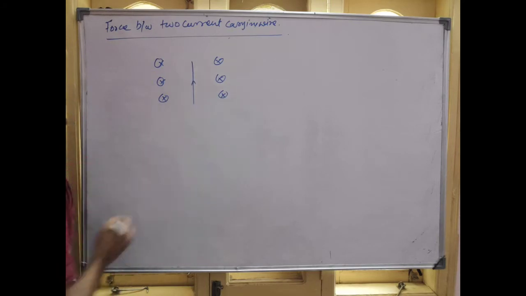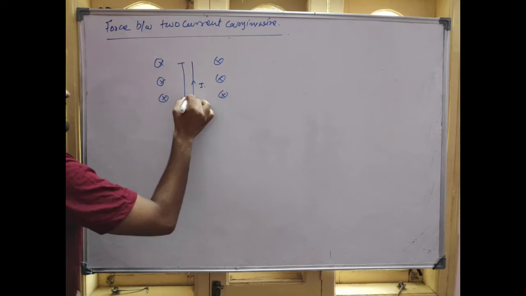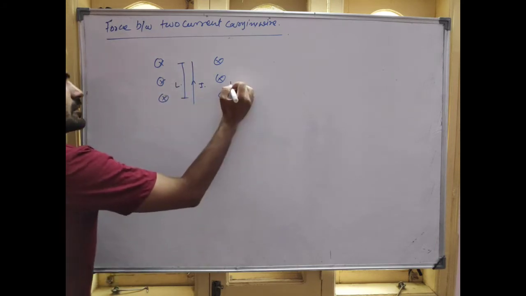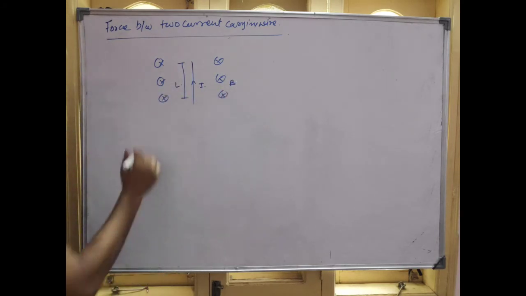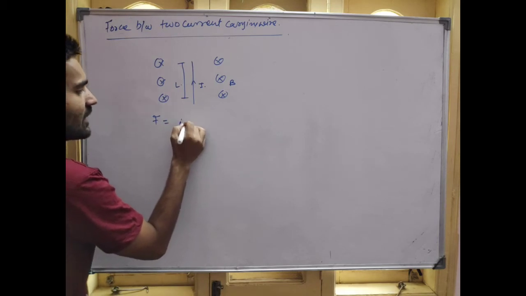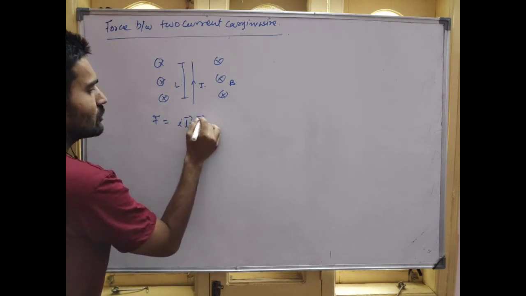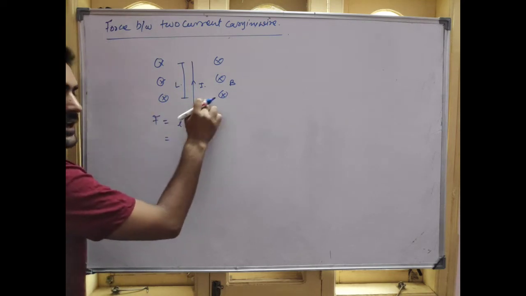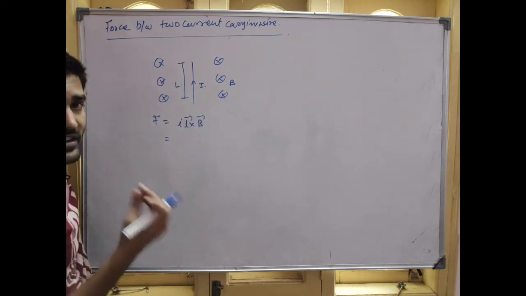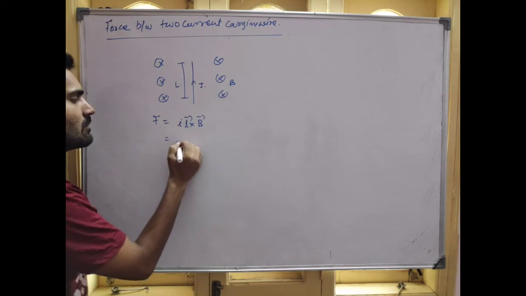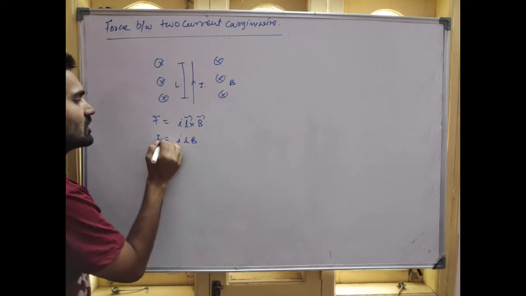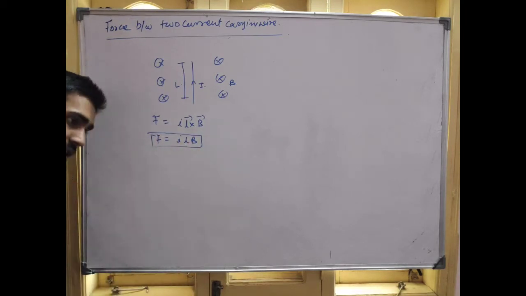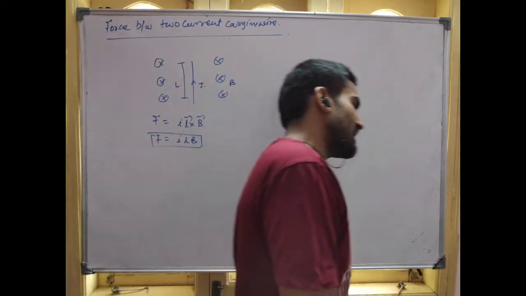If I keep a current carrying wire like this, where the length of the wire is L and the magnetic field is B, it will experience a force I L cross B. If the angle between I and the magnetic field is 90 degrees, it will become ILB only. So this is the force when a current carrying wire is kept in a magnetic field.